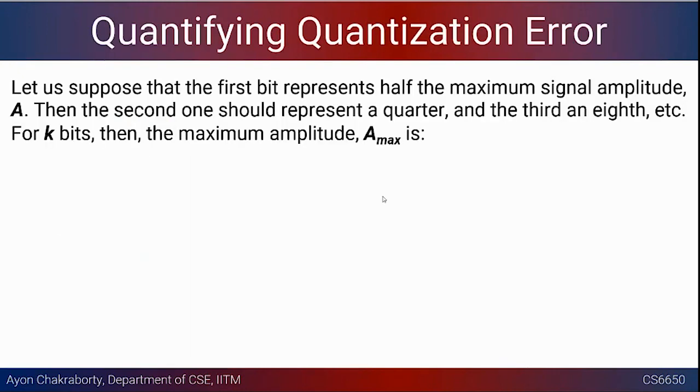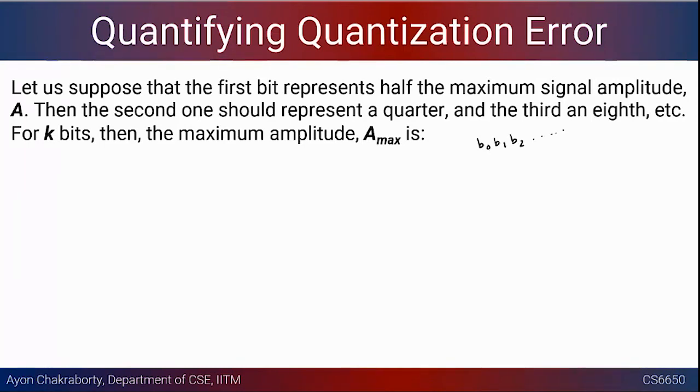So let's say here we are doing something very simple. Let us suppose that the first bit is representing half the maximum amplitude of the signal. So we have a signal called A, which is the analog signal, and we are converting that into its digital form, right? And if you look at all the bits in the ADC, let's say this is B0, B1, B2.